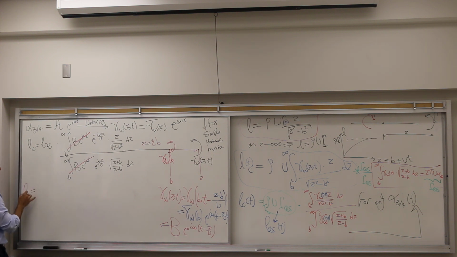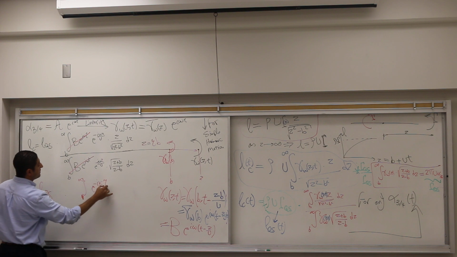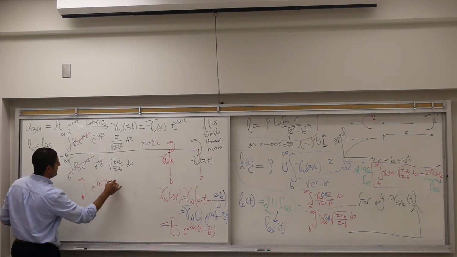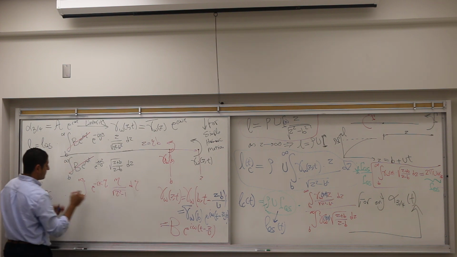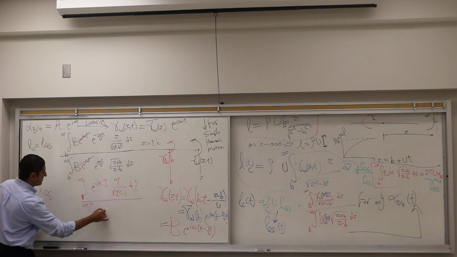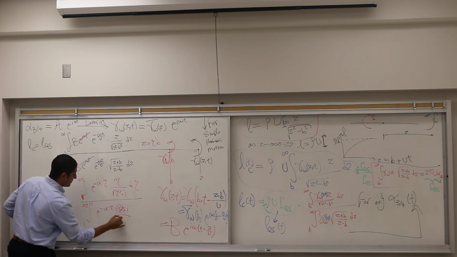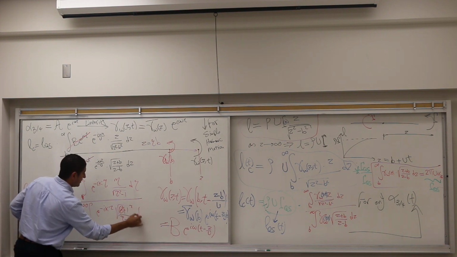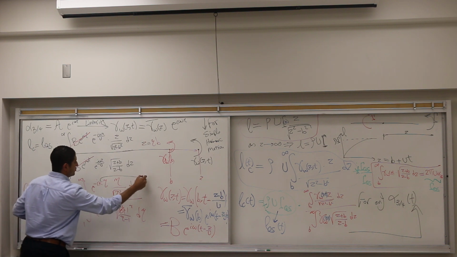So this is actually the integral from 1 to infinity of e to the negative i k eta, eta divided by the square root of eta squared minus 1, d eta, over the integral from 1 to infinity of e to the negative i k eta, square root of (eta plus 1) over (eta minus 1), d eta. k is omega b over u.